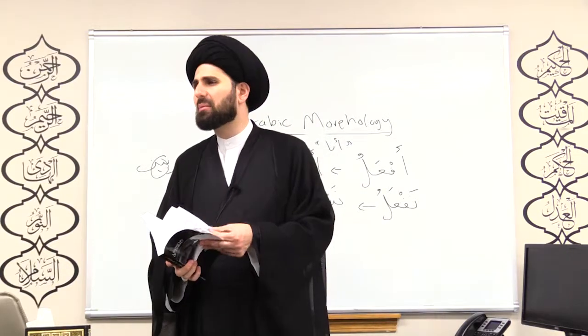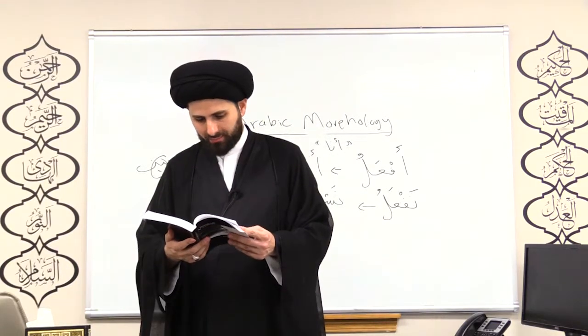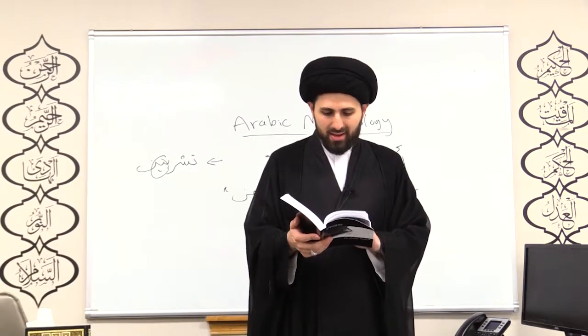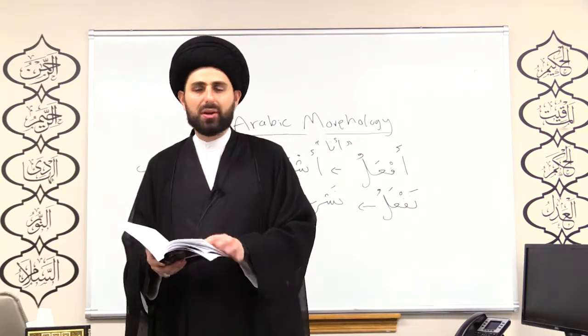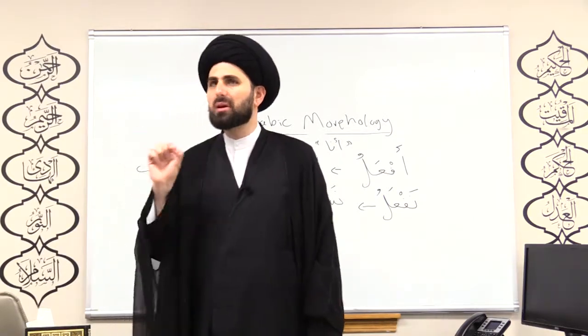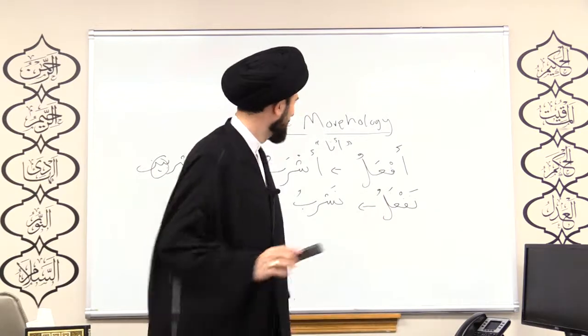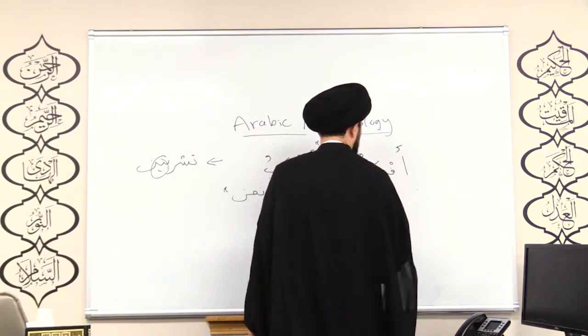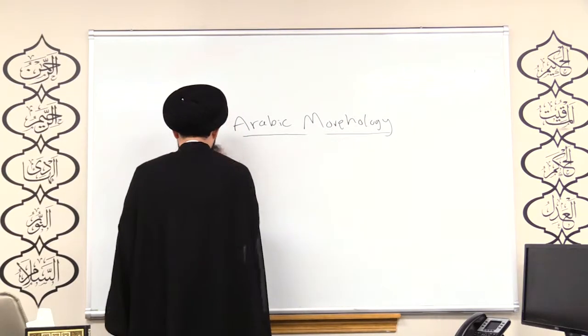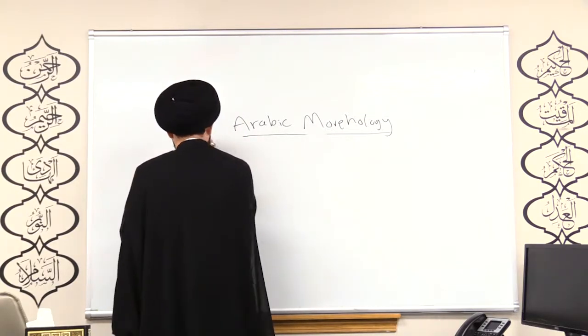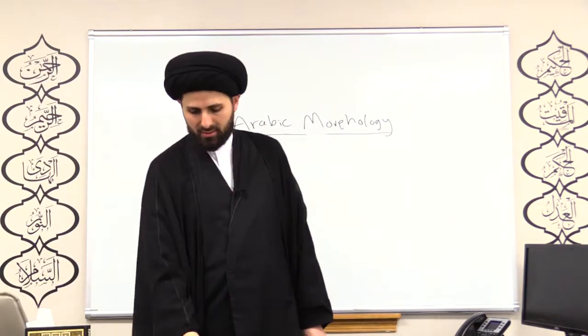Now one last thing about fi'l al-mudara before we conclude. Look on page 34. It gives you the patterns over here to know the middle letter. We will conclude with this very briefly. Remember we mentioned al-fi'l al-mudari', the first letter and the second letter and the last letter are fixed.